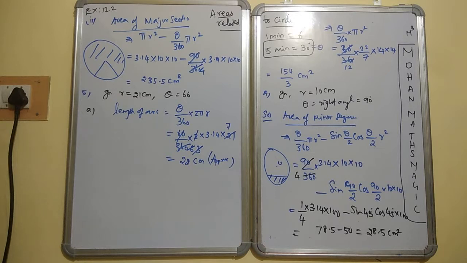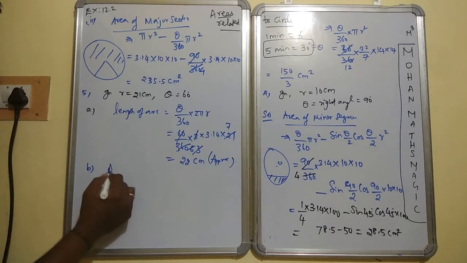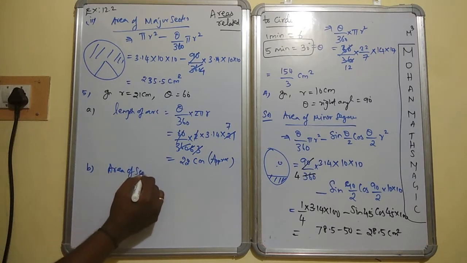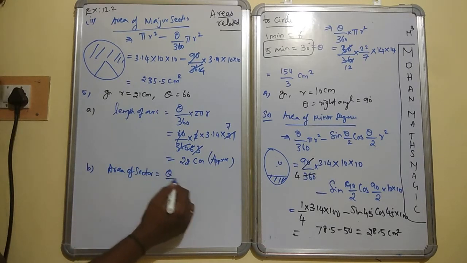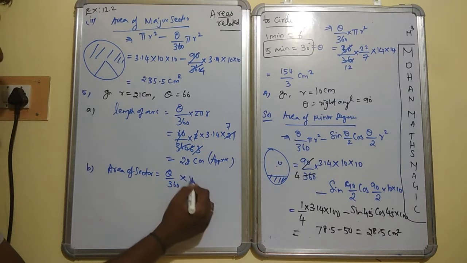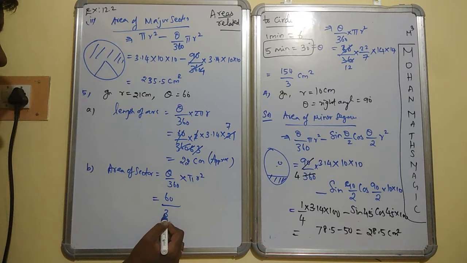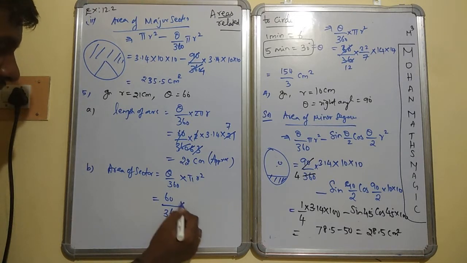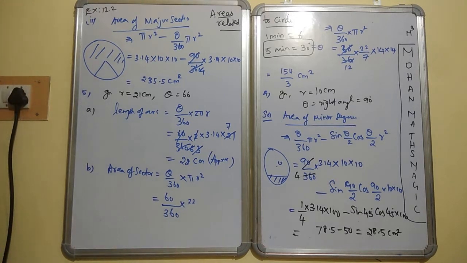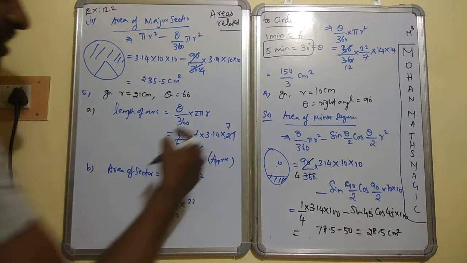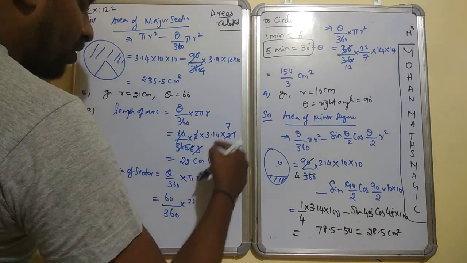The next one, they asked us to find the area of the sector. Area of the sector, I already told you: theta by 360 into pi r square. Theta value 60 upon 360, pi value 22 by 7. In the fifth question they have not given anything, so you can take 22 upon 7 also, no problem.